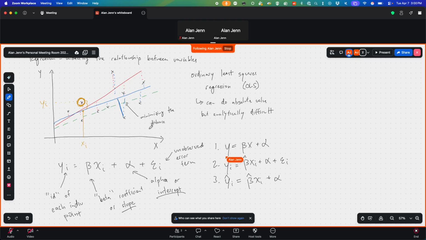I'm getting myself mixed up here. I should be having this. Okay. The carets are indicating a predicted value, and so I don't get to know what the true beta or alpha is. This is what came out of my model. And then I can use these in conjunction with the information I have about x and epsilon to determine what that matching value of y is. Okay?